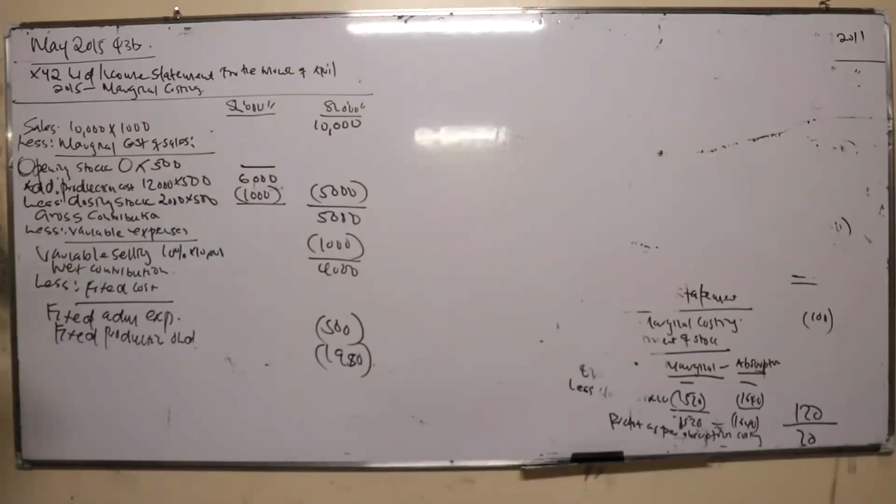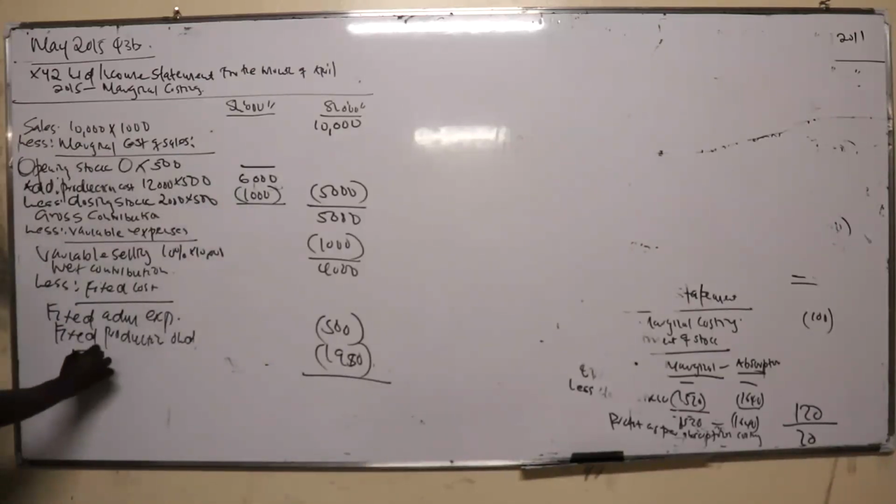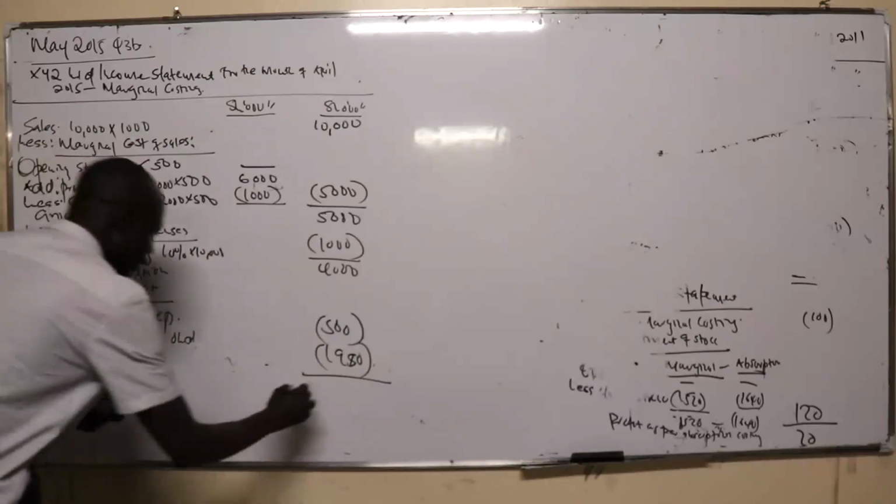This 1,980 was for 12,000 units. So you get the net profit or loss, and this is 1,520.